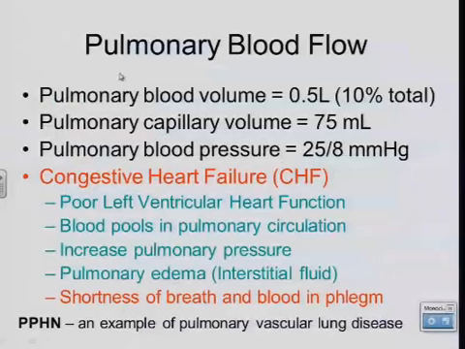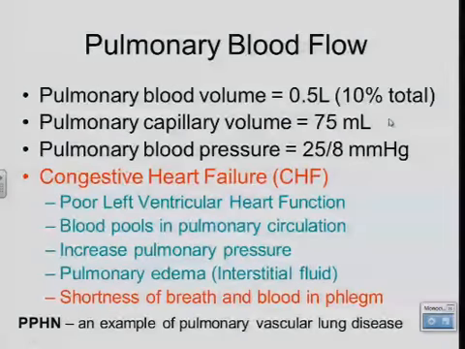We talked a lot about pulmonary blood flow again, but in this respect, as we mentioned, we talked about the blood pressure. It's a low pressure system that helps prevent pulmonary edema. And the blood volume within the pulmonary system typically is very low, but it has a high capacitance.